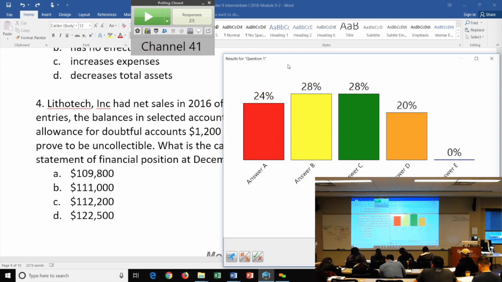So let's see what that's going to look like. We've got net credit sales of how much? 700,000. At 2% bad debt, that's 14,000.